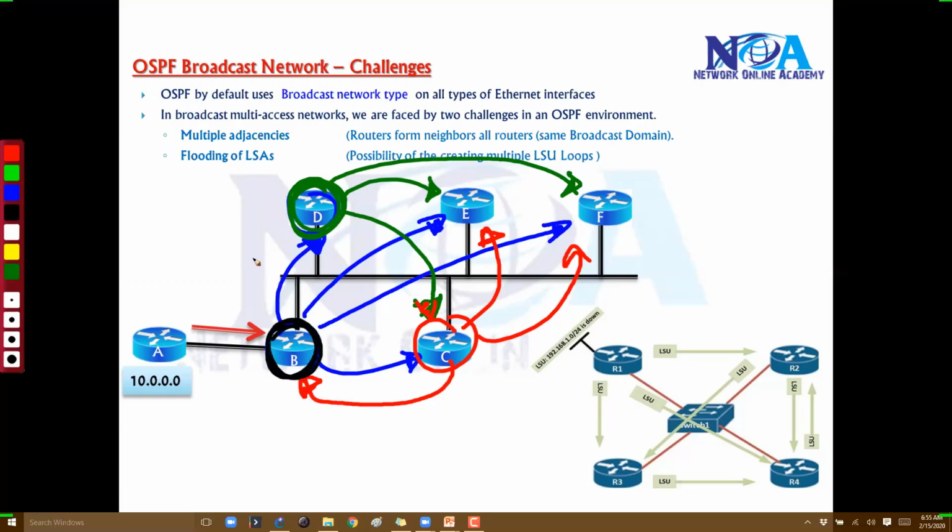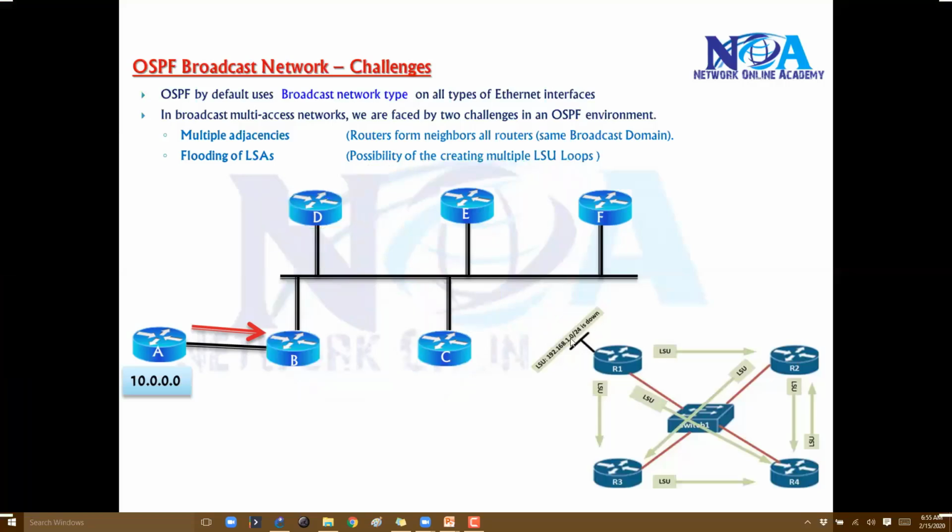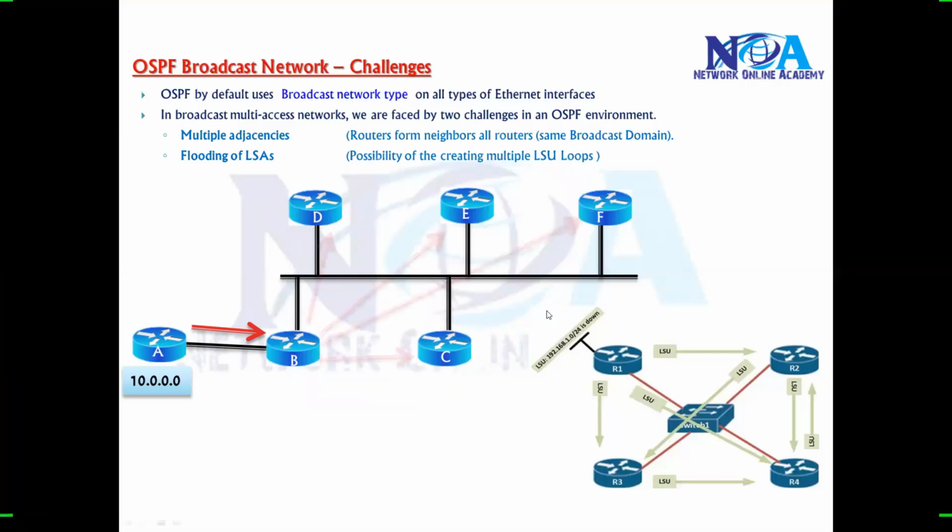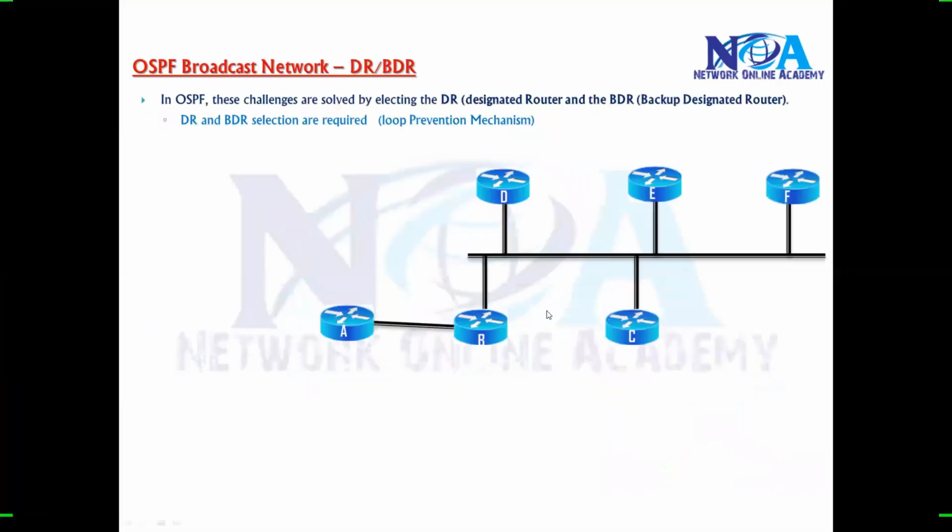B will again say, okay, I got a new update from C, I'm going to update D, E, F. And like that, that will create update LSA loops. So this is one kind of issue in general you may face, because every router is a neighbor of every other router, which means the problem is that the LSAs will flood in your network, especially in this broadcast network.